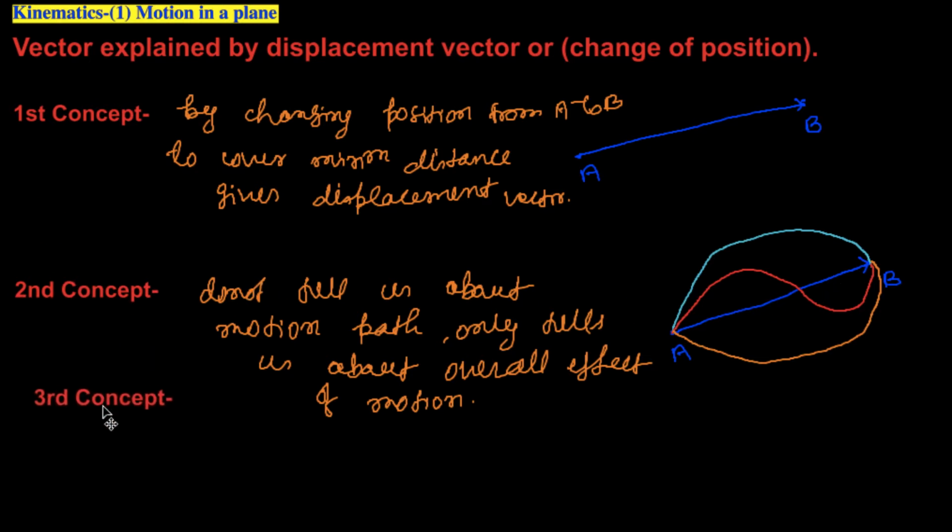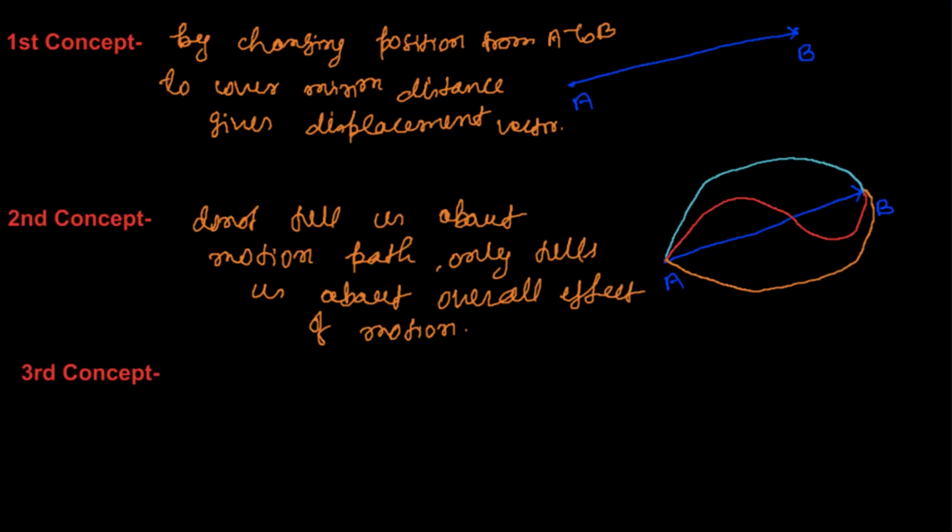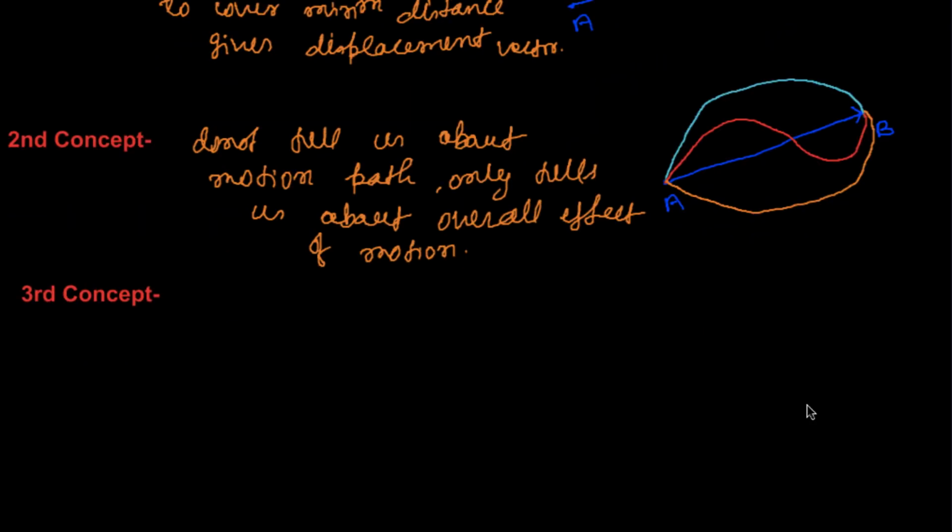Now the third concept. For the third concept we will see three vectors. This is the first vector, this is the second vector, and this is the third. The first vector is A to B, the second vector is A dash to B dash, the third vector is A double dash to B double dash.